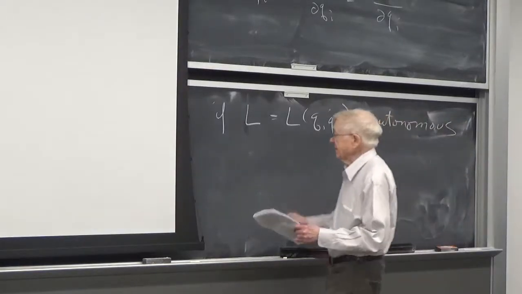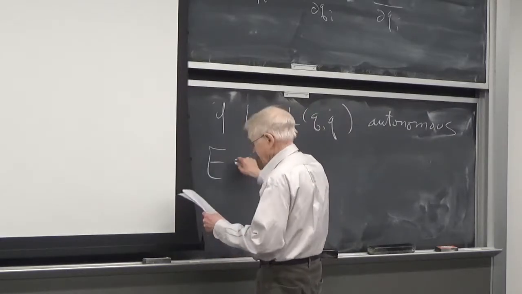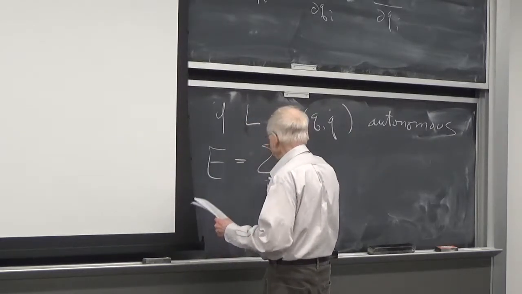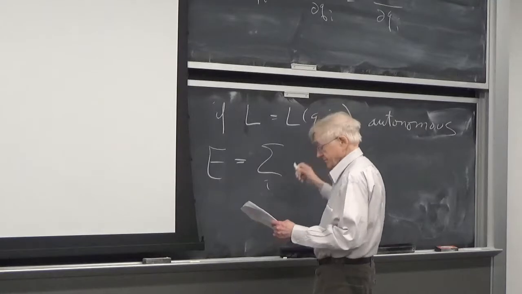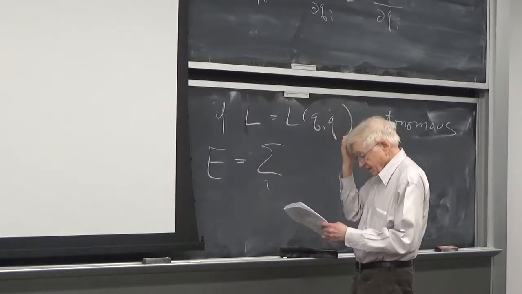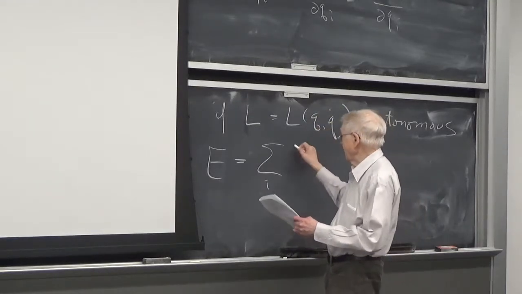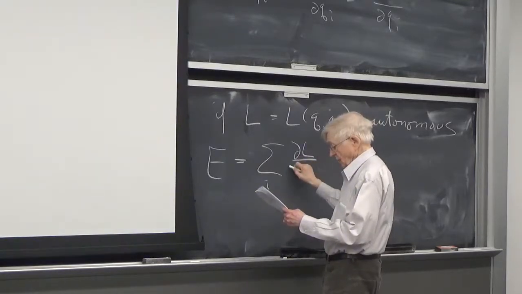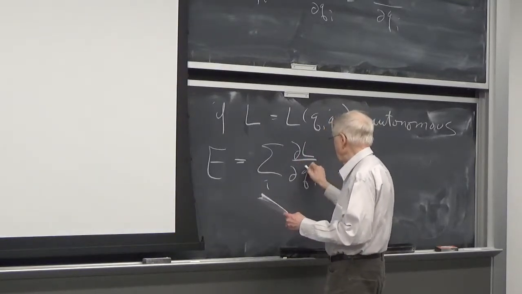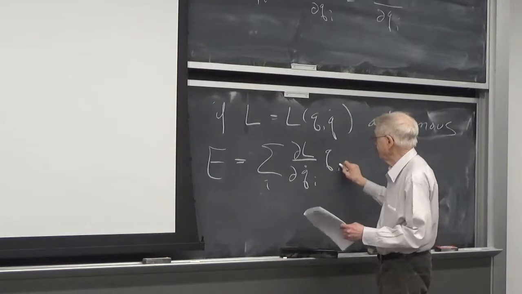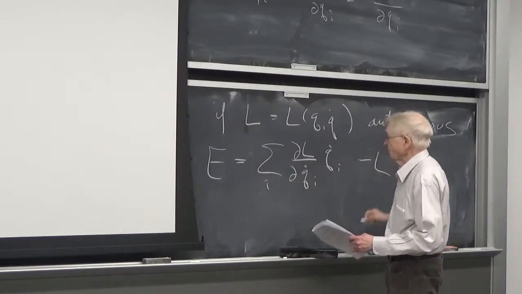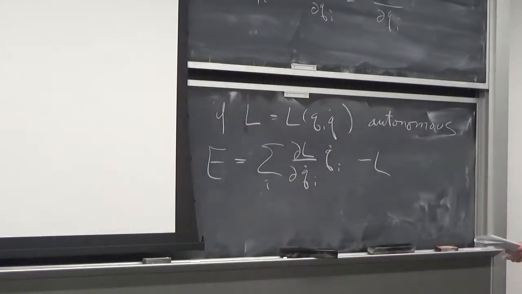And in that case, the energy is conserved, and the energy then is a sum on i of pi qi dot minus L, which is the way one normally defines the energy here.